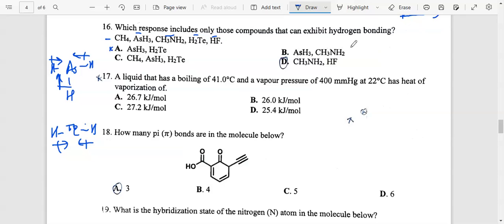If you again look at this one which is here, you have got CH3NH2. So if we write C with three hydrogens, hydrogen here, hydrogen here, hydrogen here, and then you have got a nitrogen with two hydrogens, one hydrogen there, and then another hydrogen.